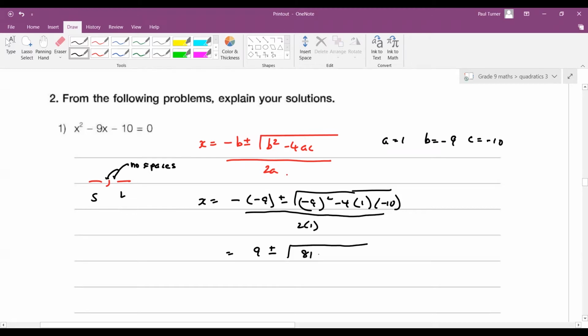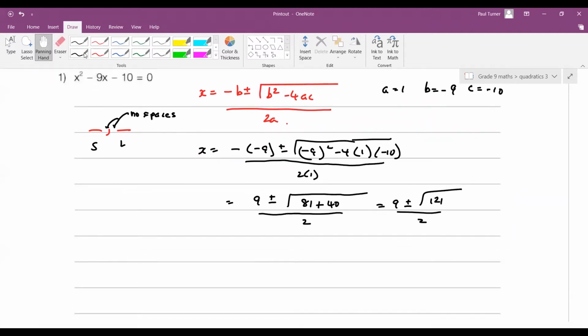So 9 plus or minus 81 plus 40 is 121. So 9 plus or minus the square root of 121, on 2. Therefore, you'll have 9 plus or minus 11 on 2.